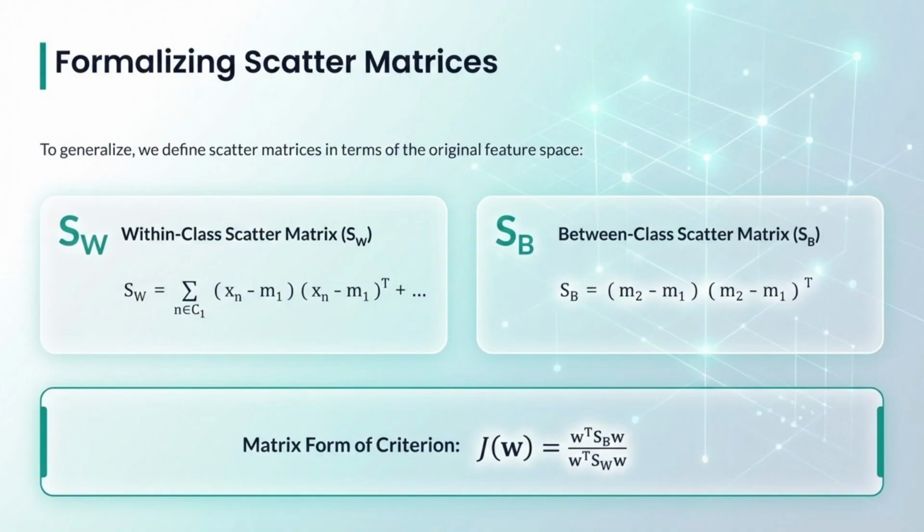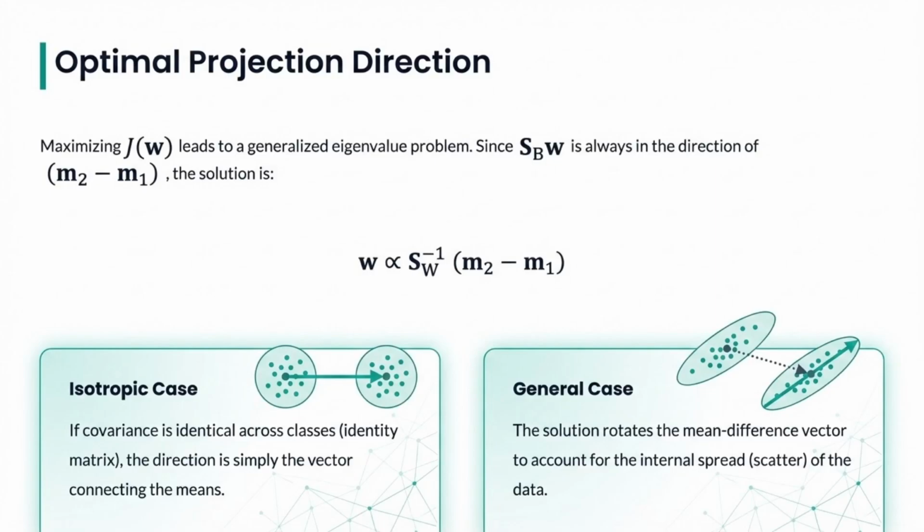We differentiate J(W) and get an equation: W transpose SW W times SB W equals W transpose SB W times SW W. Here W transpose SW W is a scalar and W transpose SB W is also a scalar. So the weight becomes proportional to SW inverse times M1 minus M2, or M2 minus M1. So the weight will be proportional to SW inverse times M2 minus M1.